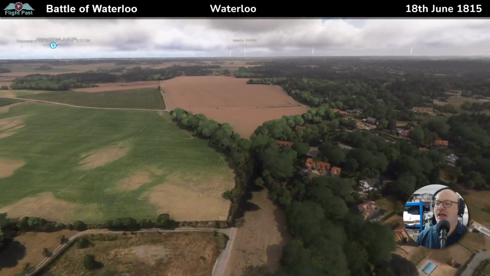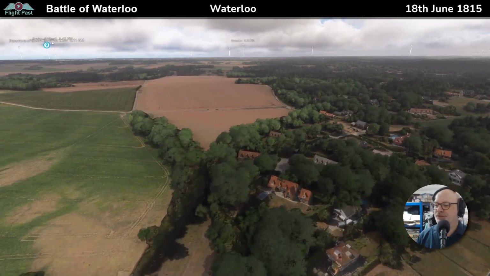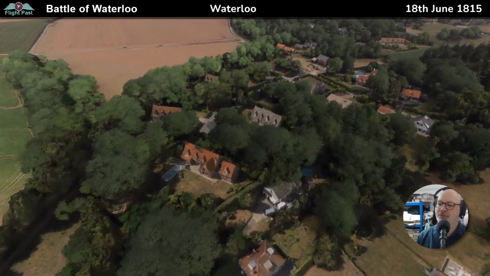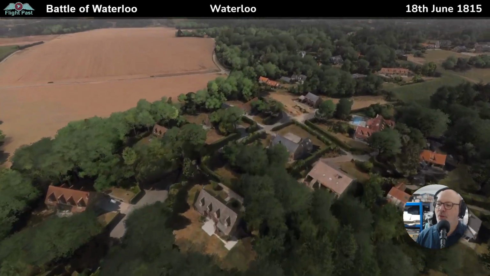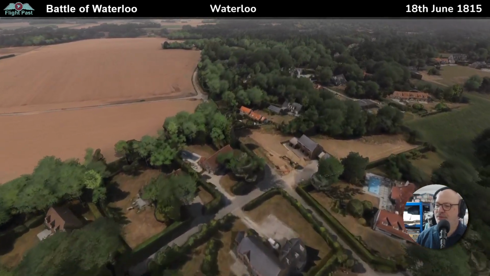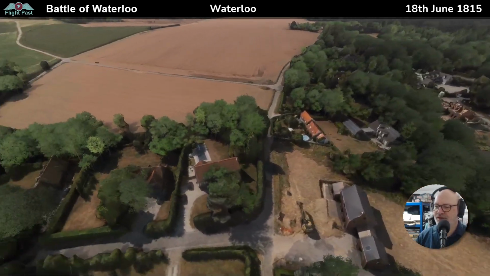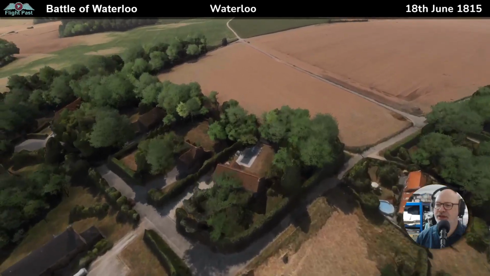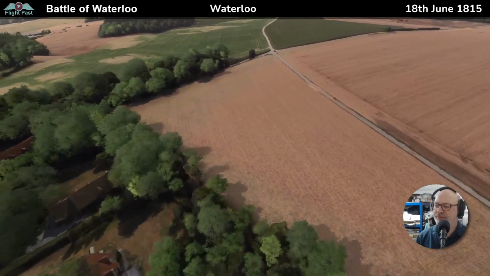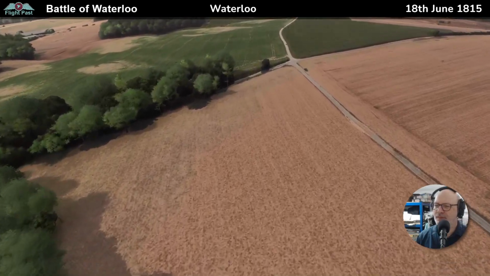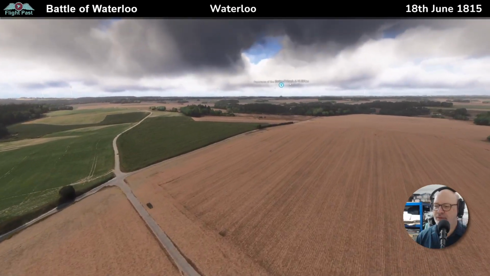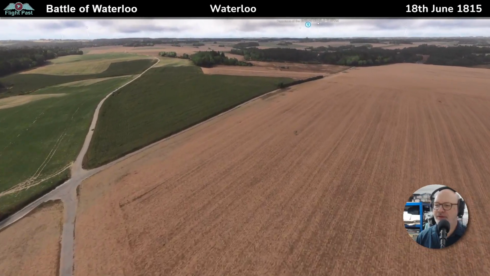Okay, so this is the area here where the Prussians are coming out. They've formed up in this wood here. We were trying to find that monument. It's in a little square with a tree on it. If anyone knows where that is, it might be one of these places over here, actually.